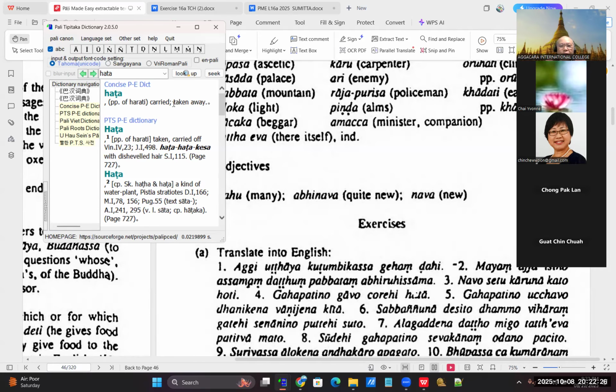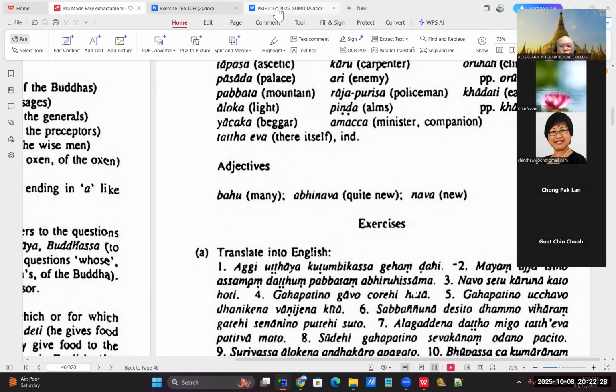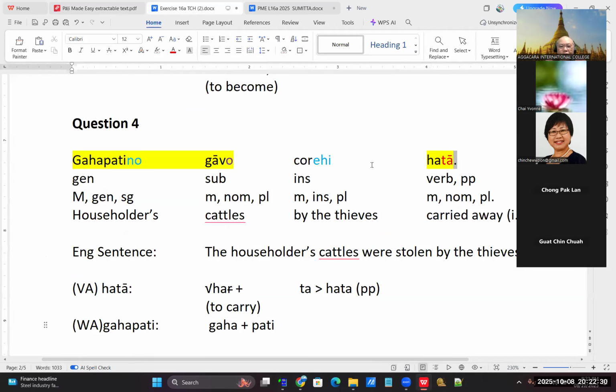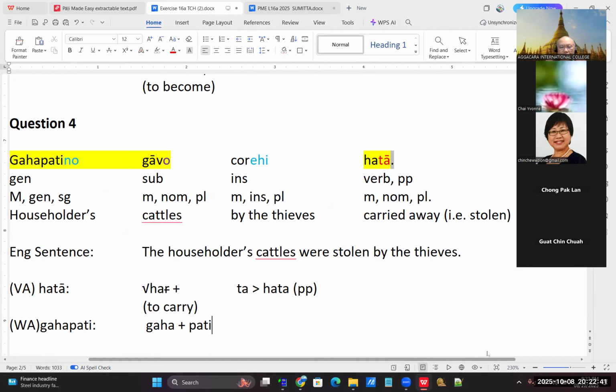It's not carried away by the thieves. So we look at the answer itself. Why did the thieves carry away? So you are thinking of stolen. No, you can see due to the R, it should be hatta. Because of the R sound, the T becomes lingualized.